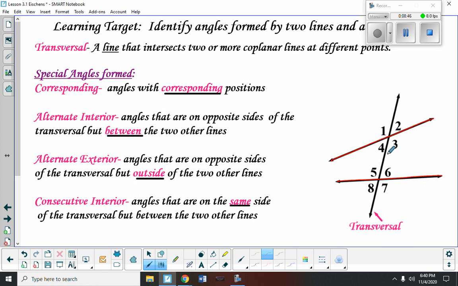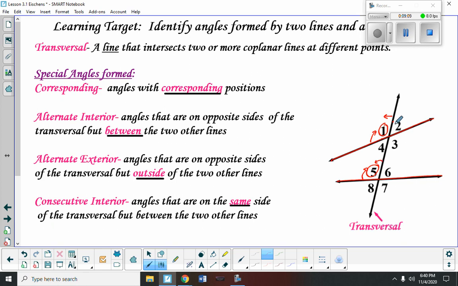Now, if we're looking at this diagram, angle 1 is above this line and to the left of the transversal. If you look down at the other line, the angle that is above and to the left would be angle 5. So those correspond to each other.